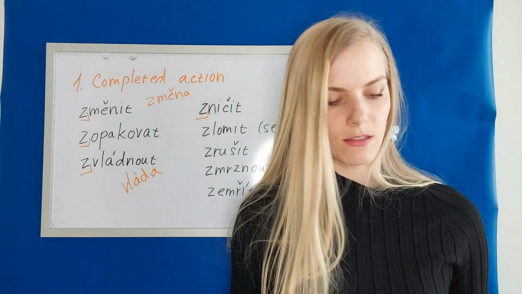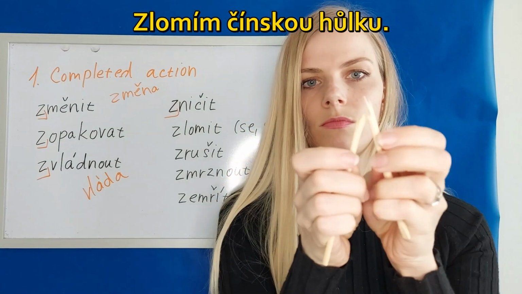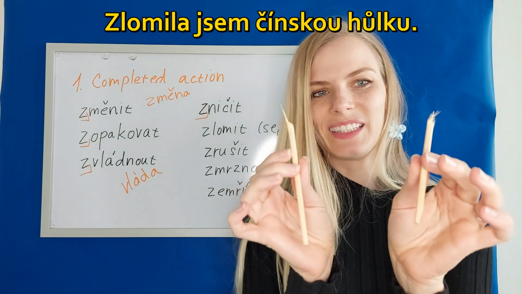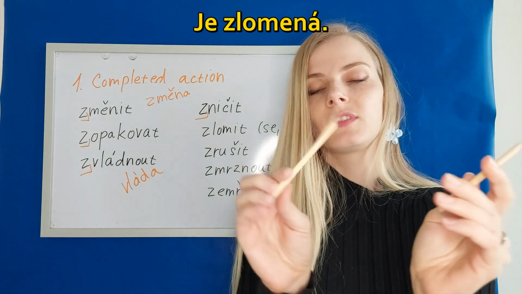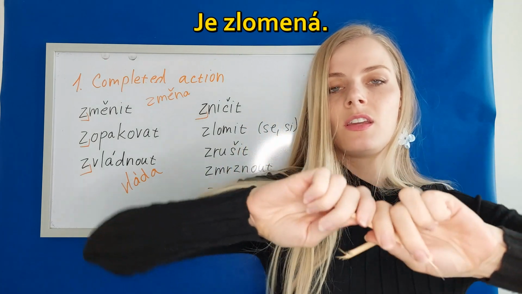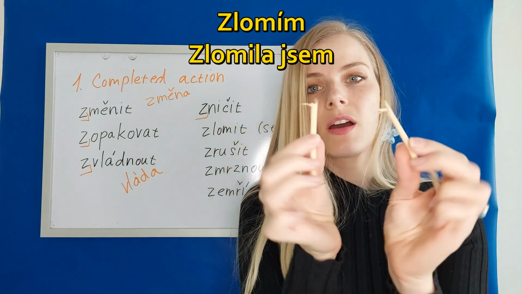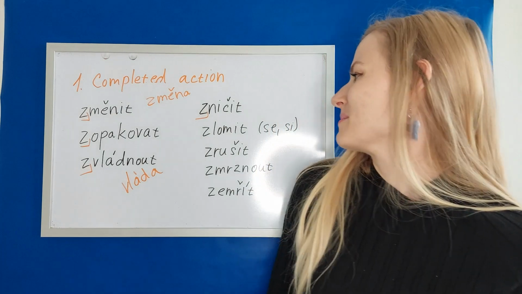I'm gonna break it. Zlomím čínskou hůlku. Zlomila jsem čínskou hůlku. I broke the Chinese chopstick. Je zlomená, it's broken. Zlomím, I will break. Zlomila jsem, I broke. I guess that was enough for demonstrating what zlomit means.